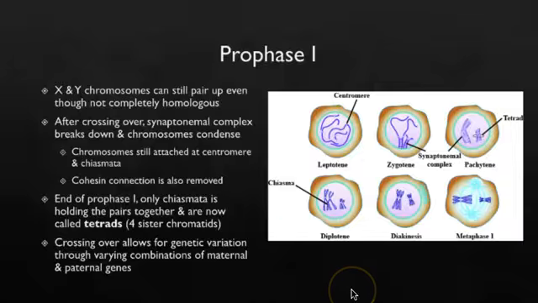And those cohesion proteins that were helping hold the chromatids tightly together are partially removed. So by the end of prophase 1, the only thing really keeping the homologous pairs connected are the chiasmata. Now each homologous pair has 4 chromatids, and we call this a tetrad.